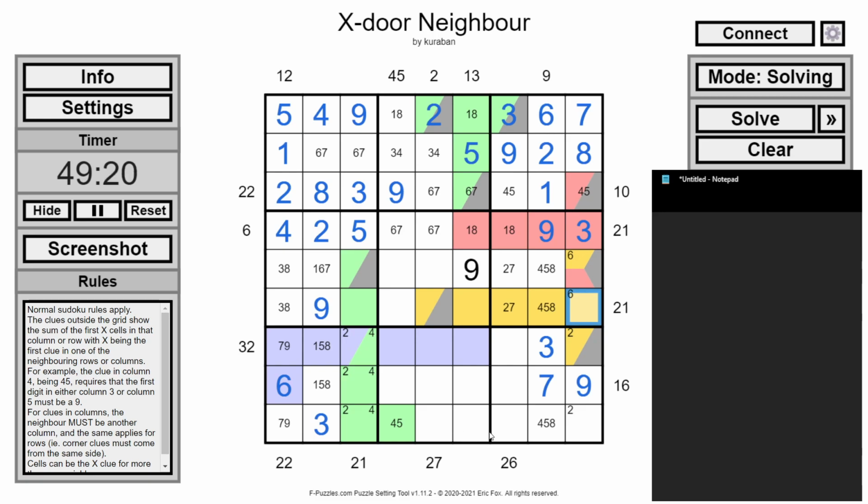Maybe we need to start looking at like the 27 or the 26 clue. Let's look at the 26 clue. That must be at least 4. Let's do dark green.